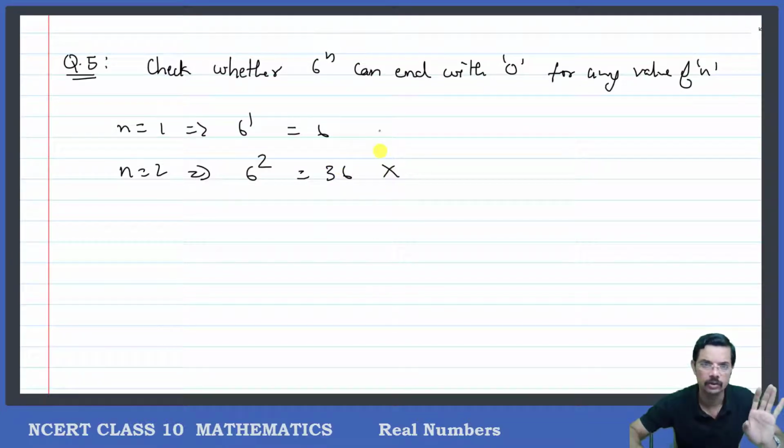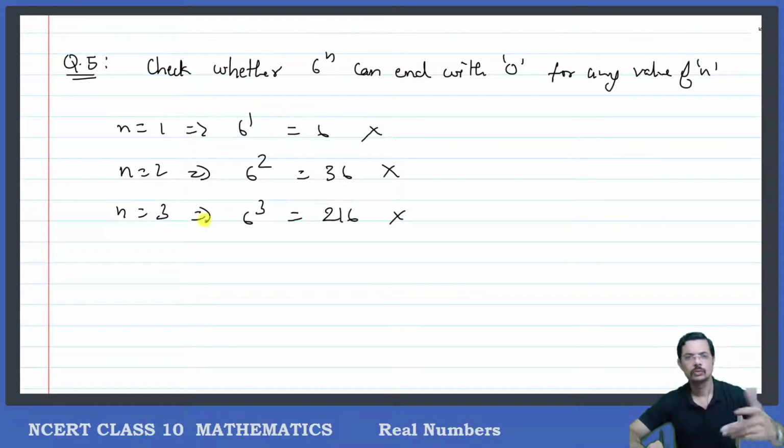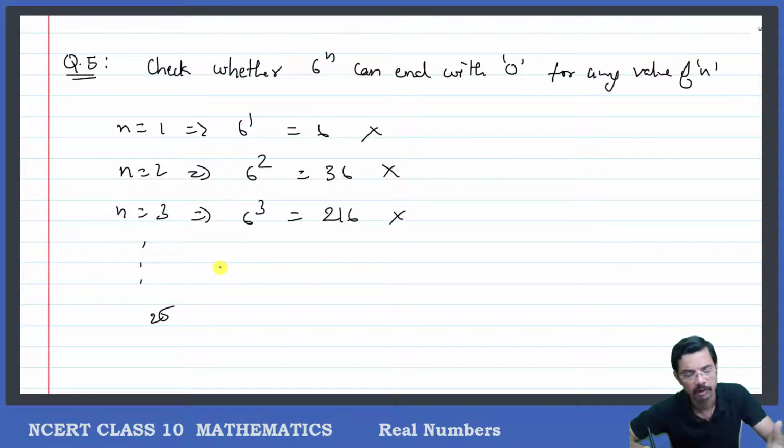It will also not end with 0. In the same way, n equal to 3: 6 raised to 3 is equal to 216, and that also will not end with 0. Say for some value n equal to 25, can we find 6 raised to 25? This is very difficult, and that is not practical also.